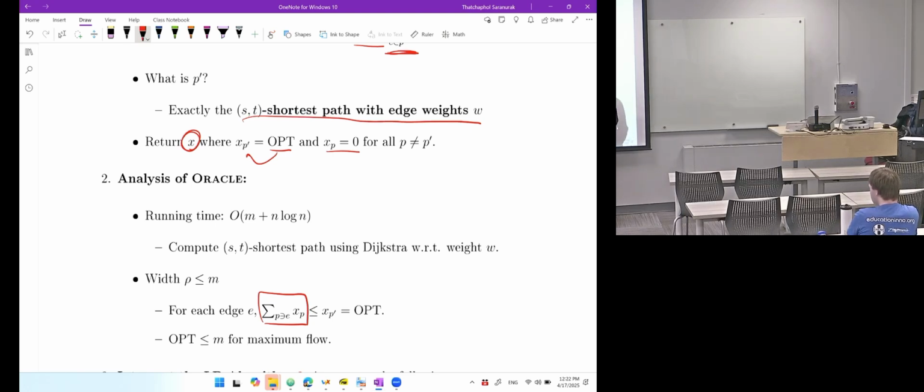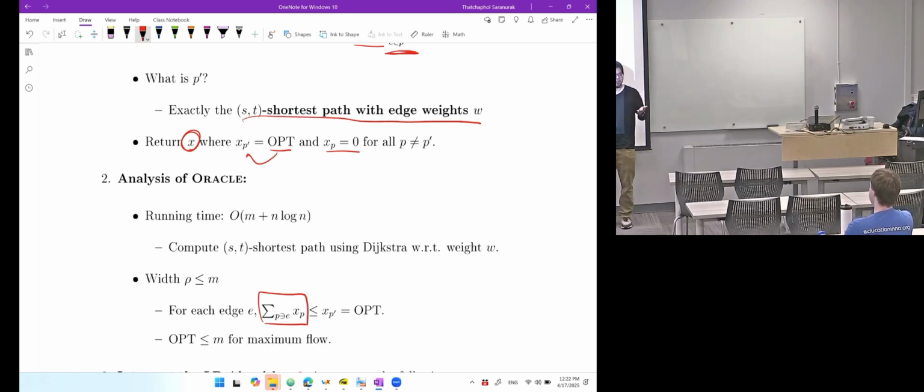Now we can ask how big opt can be. Well, when it's max flow with unit capacity, each edge can have only one unit of flow going through it.